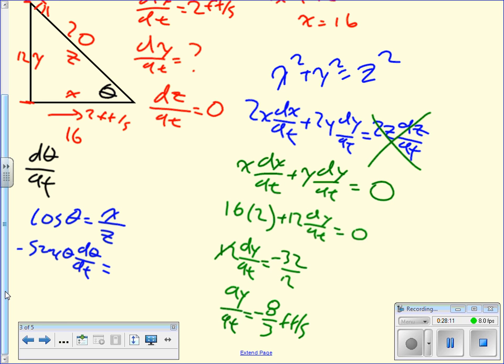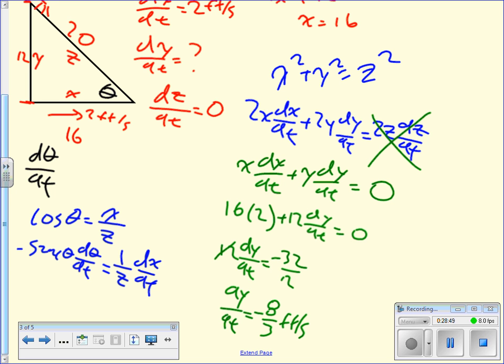Is this not true? What is the derivative of a constant times x? Is that constant? dx/dt.